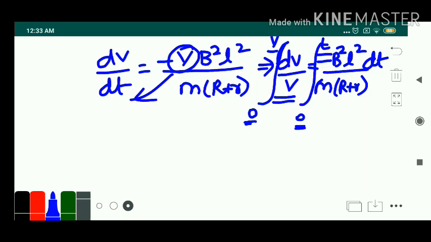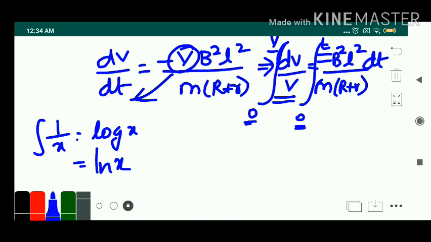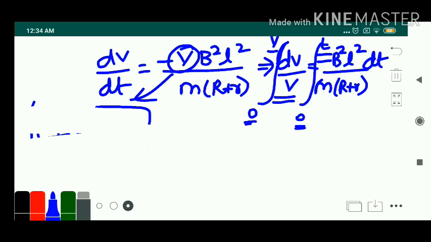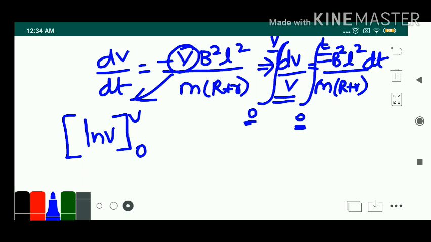Now you guys have to know the integral of 1 by x is log x, or I can say natural logarithm x. This should be known, guys. That is the integral formula. Math students would know this equation as it is, right? Now I'm going to find the value for the integration. So here it is the integral of 1 by v dv. So it is ln v, upper limit, lower limit.